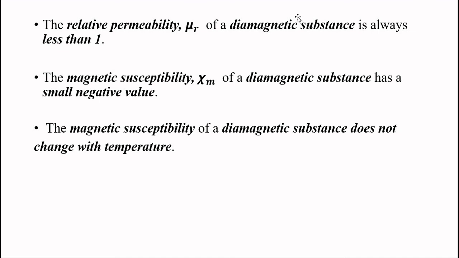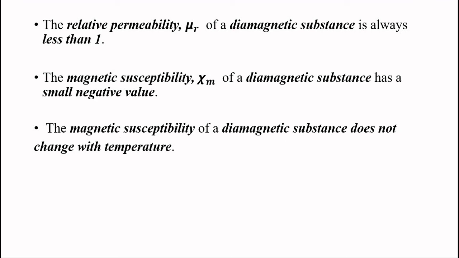So diamagnetic materials, as you can see with all their properties, are a very weak form of magnetism, with weak magnetic properties. Also, the magnetic susceptibility of diamagnetic substances does not change with temperature.